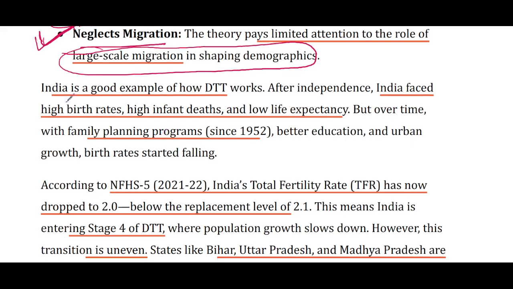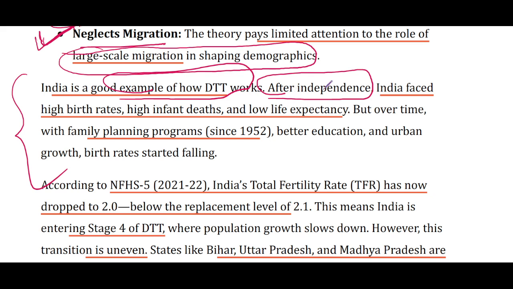Now the example. India is a good example of how DDT works. After independence, when the British left us, and they left us in a pauperized and resource scarce condition, India was a country of high birth rate and high infant death. So we were in stage one.